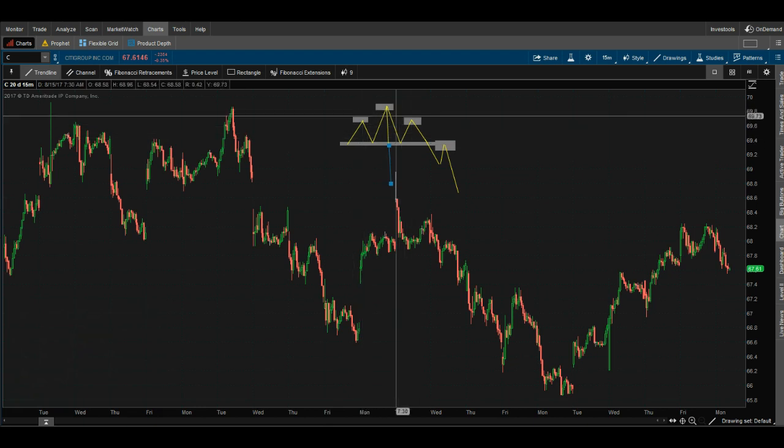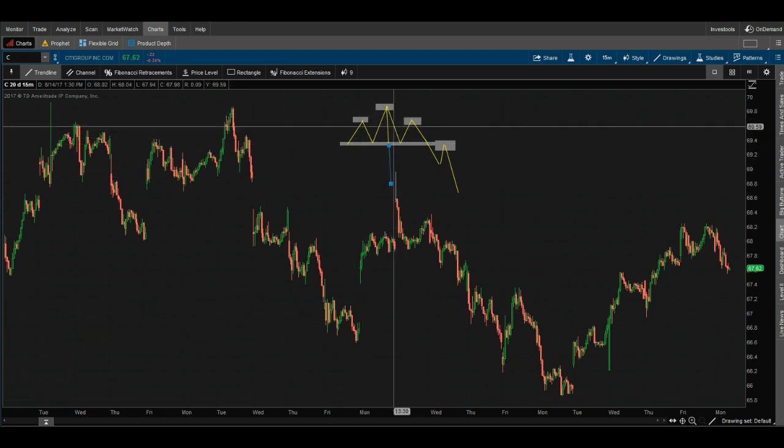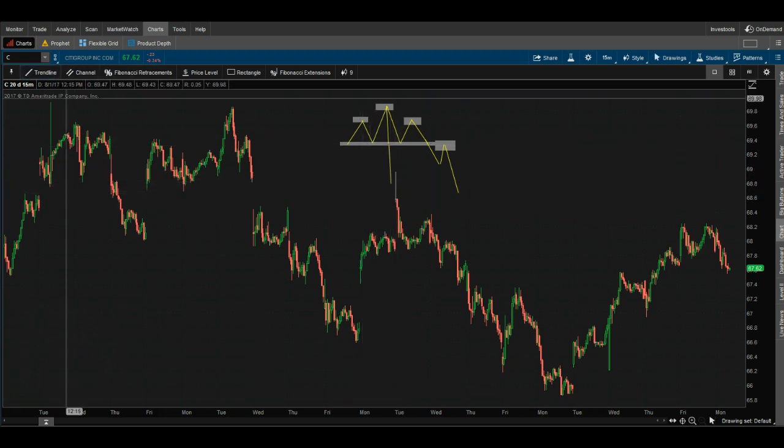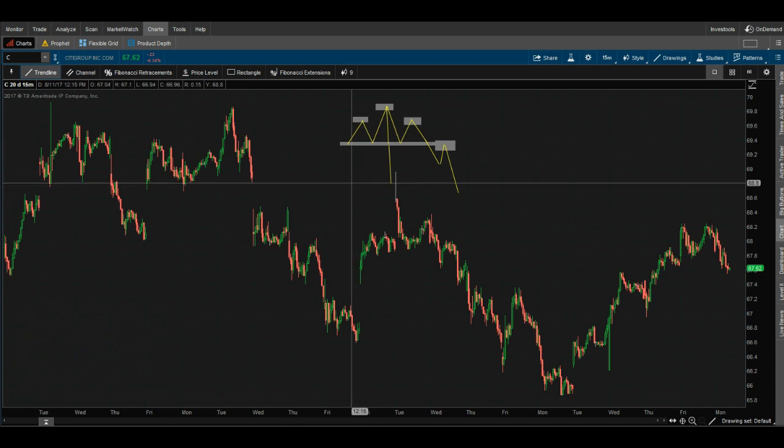So this pattern, if you flip this pattern over, your target is usually going to become right down at this level, right? So 100% move.